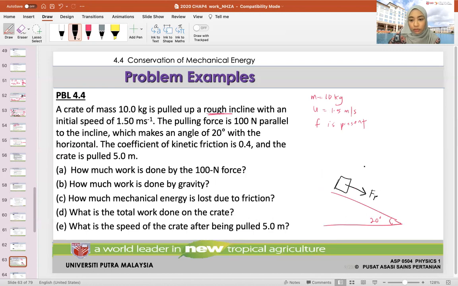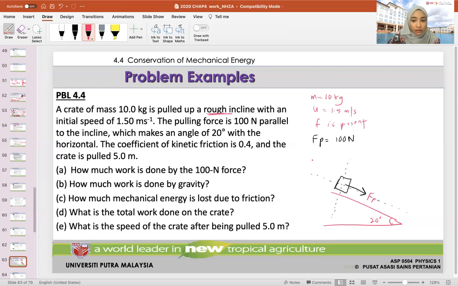F pull, so FP is 100 Newton, parallel to the incline, along our imaginary axis. That is FP.